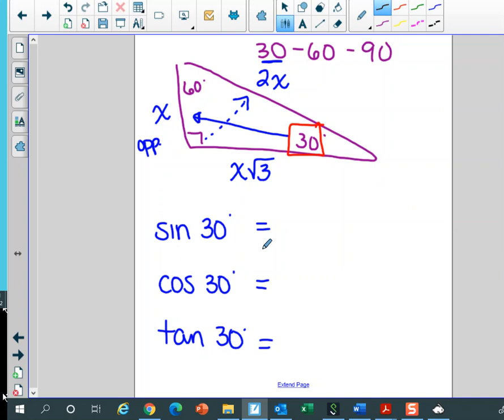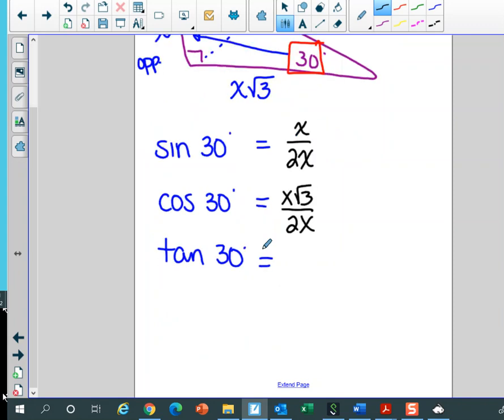So x over 2x, x root 3 over 2x, x over x root 3. Remember, this is opposite over hypotenuse, adjacent over hypotenuse, opposite over adjacent.